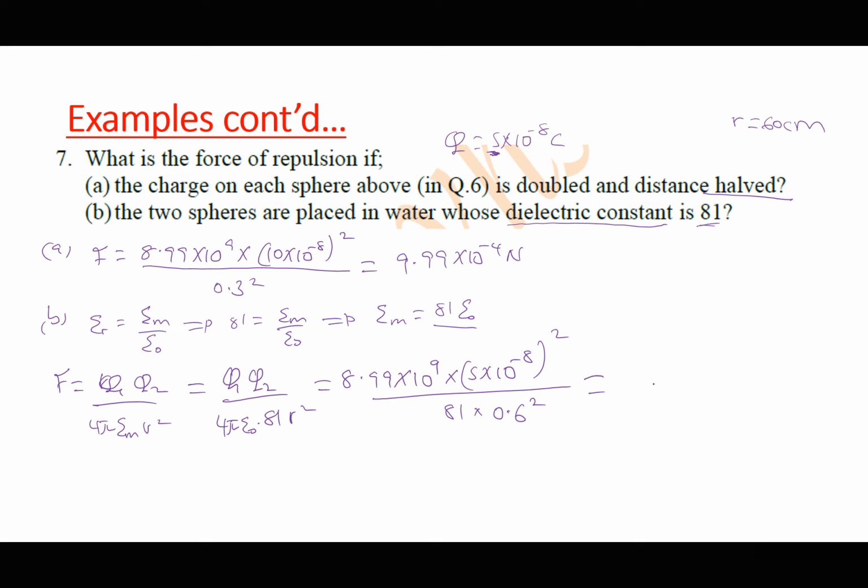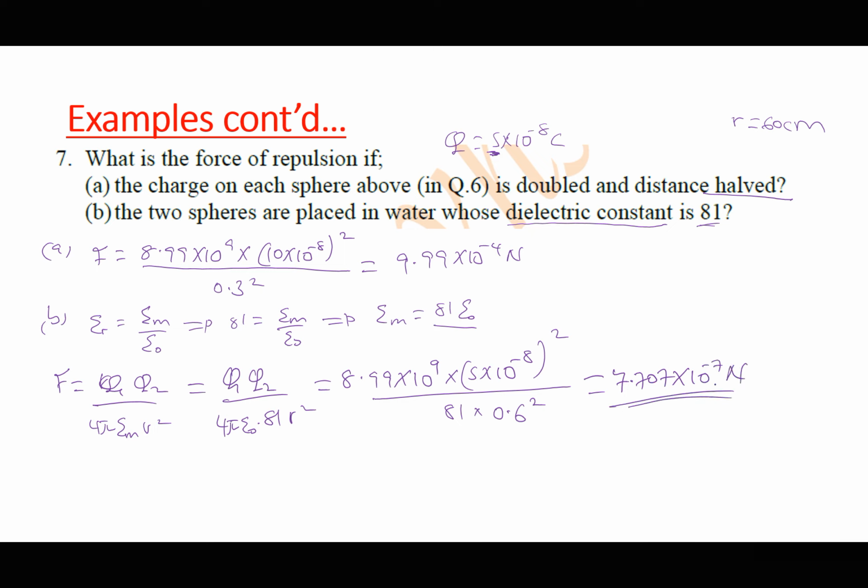So we press our calculator. Pressing the calculator is giving me 7.707 times 10 power negative 7 newtons.